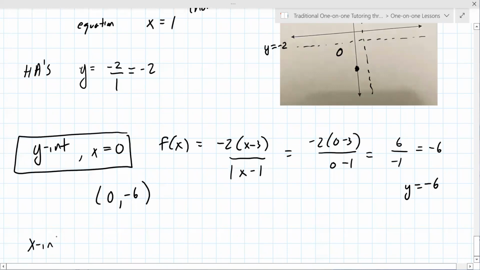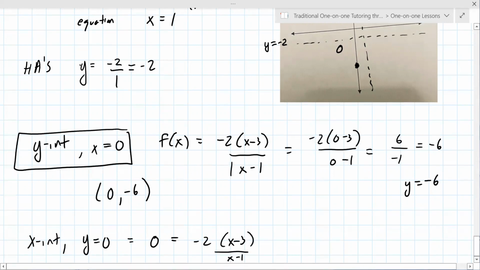X-intercept. What do you set equal to 0 to find the x-intercept? Can you look back in your notes, see what you find? You set y equal to 0. You do, and that's totally correct. Okay, which really means you're setting f of x equal to 0. But in this type of problem, what's sort of the shortcut for that?